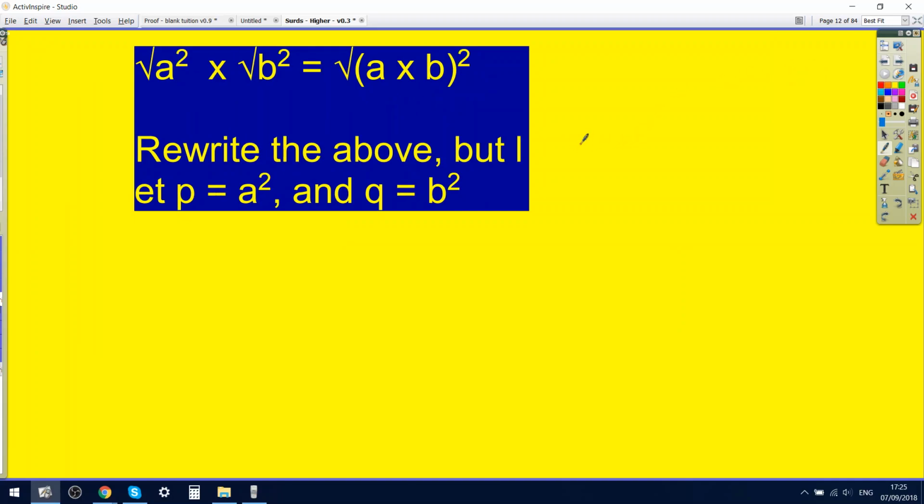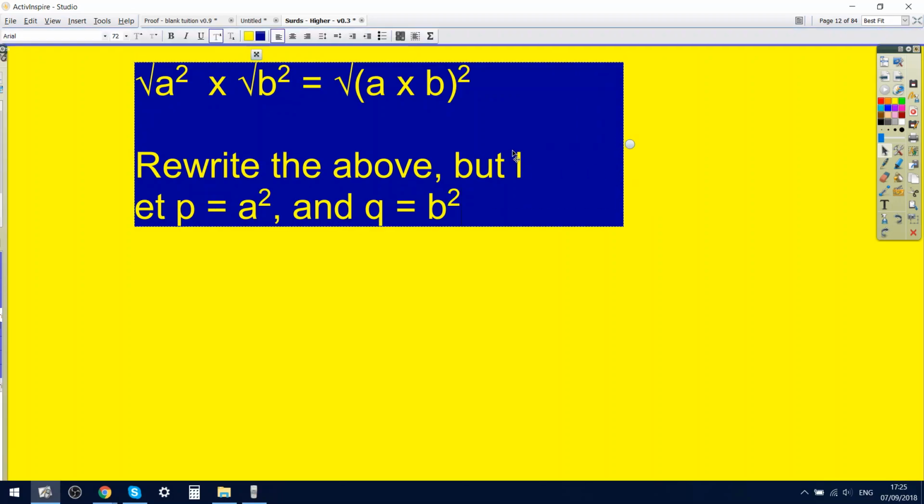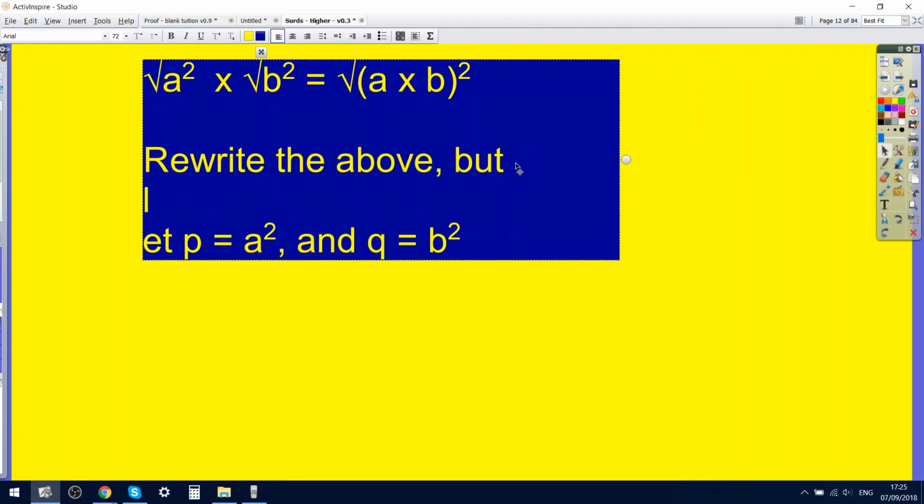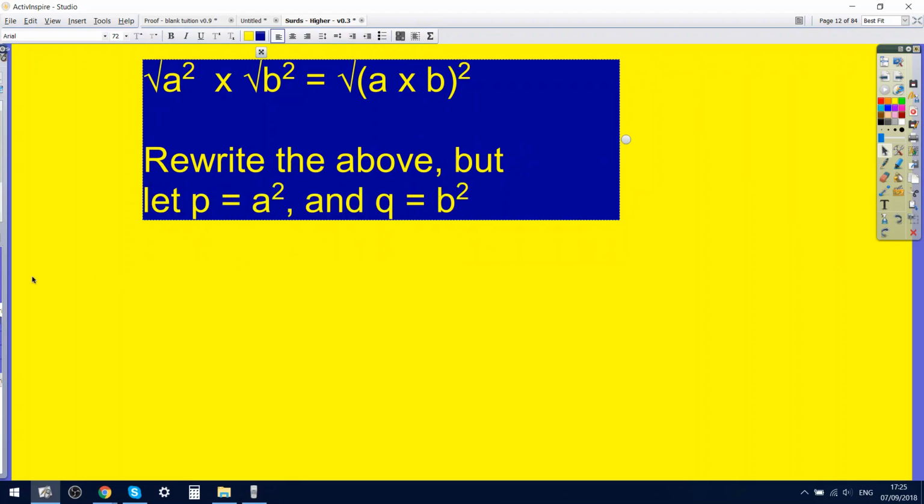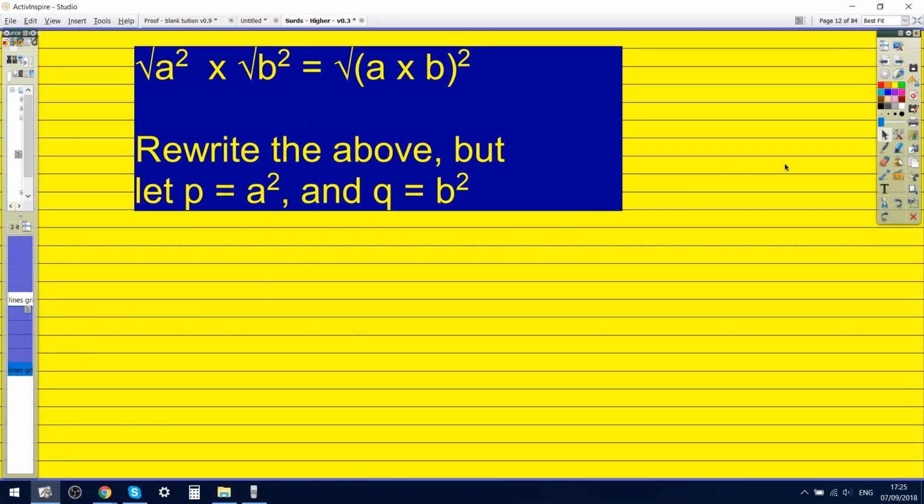Let me just fix this. So if you were to rewrite this thing above, but sub in P for A squared and Q for B squared, what would you get? P times Q. And don't forget the square root.